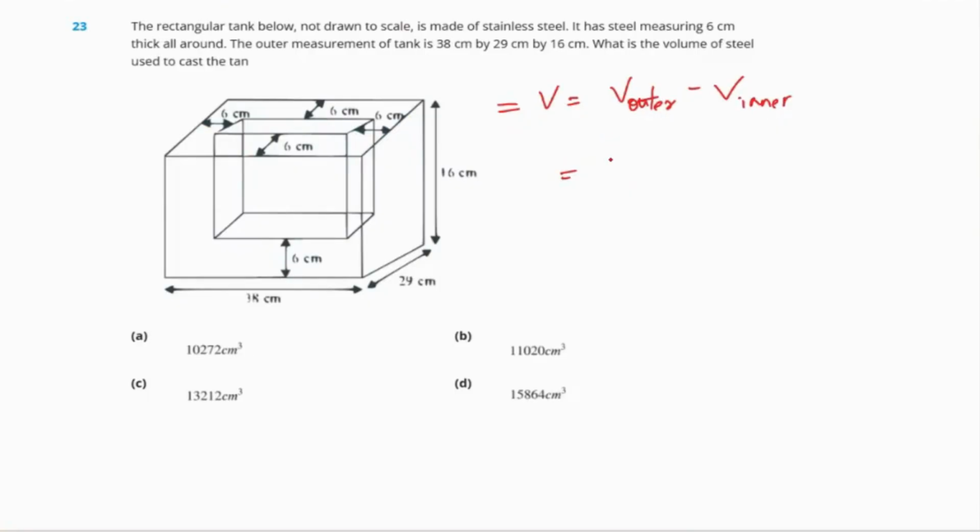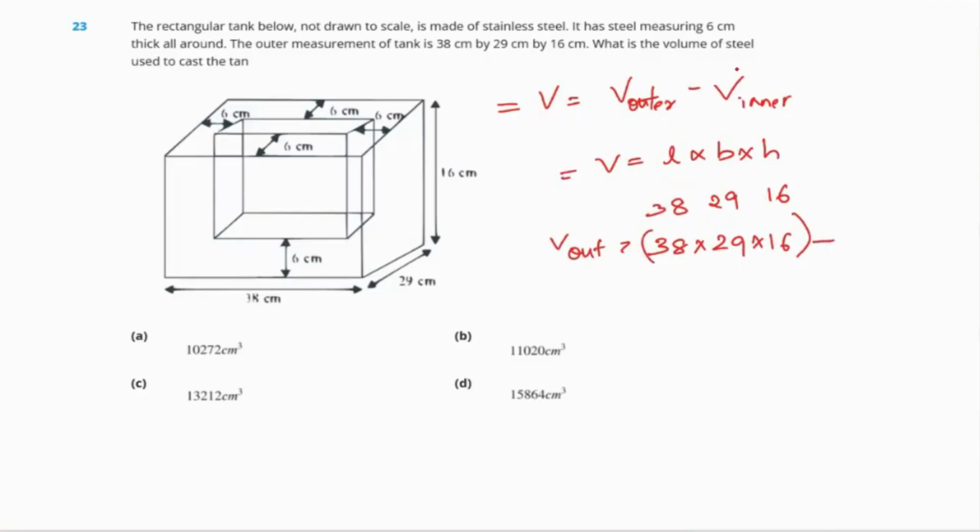First, what is the formula to find the volume? It is length into breadth into height. Length is given, that is 38, breadth 29 and height 16 centimeter. So the outer volume will be 38 into 29 into 16.